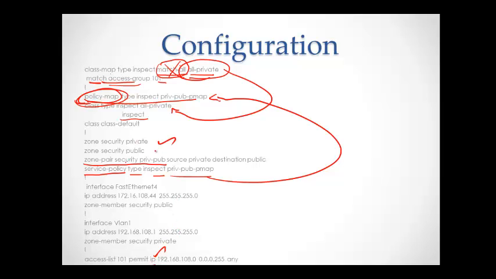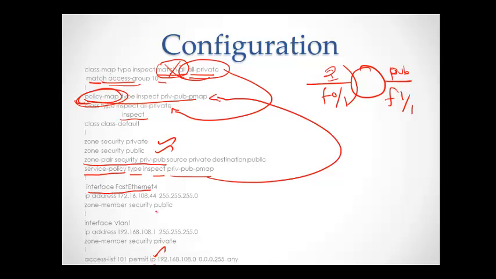Now you created two zones, right? But where are the zone members? See, this is F1/1, this is F1/0/1. So this is the zone member inside or private. This is the zone member public. So that is what we are doing here.